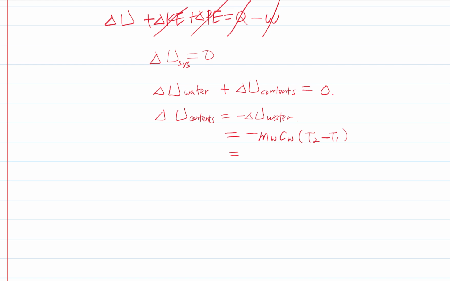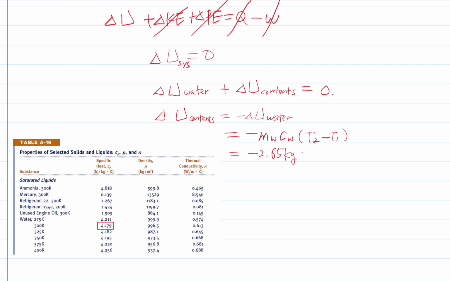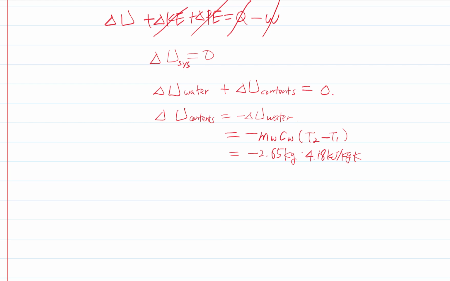The mass of the water, including the metal parts within the system, is 2.65 kilogram. The specific heat of water is 4.18 kilojoule per kilogram Kelvin, and the temperature rises by 0.3 Kelvin. This is 3.32 kilojoule.